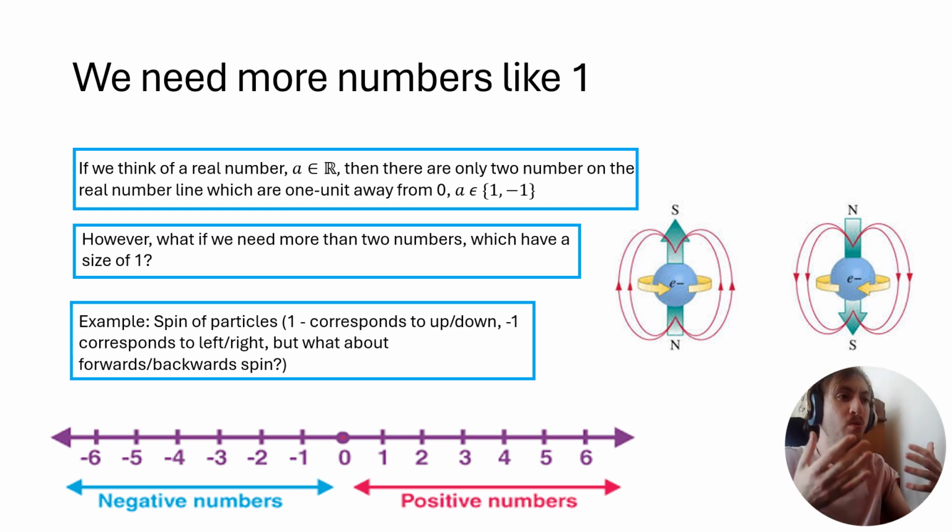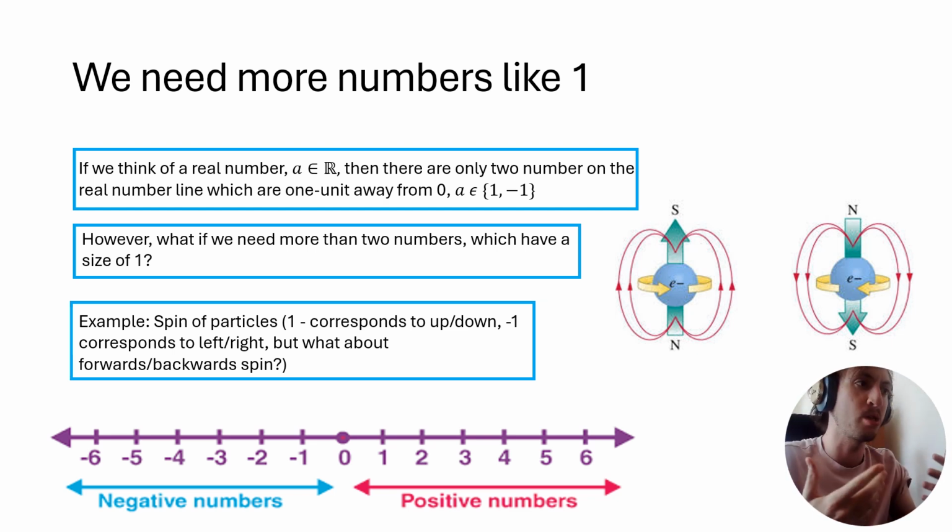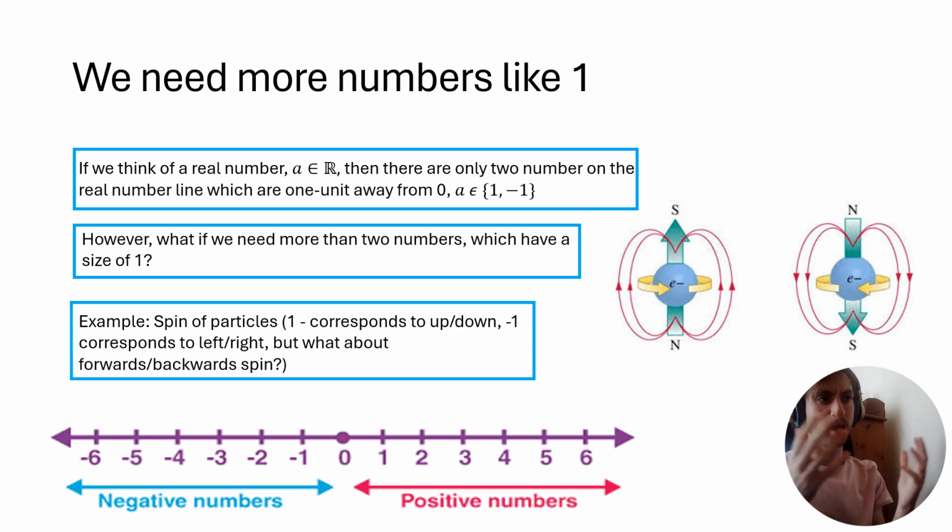So in other words, we have to start inventing other numbers which have a size of 1, but which are not -1 or +1. In other words, they're numbers that don't exist on this real number line. And we call such numbers examples of imaginary numbers. Now, they're imaginary because no physical observable has a value equal to an imaginary quantity.